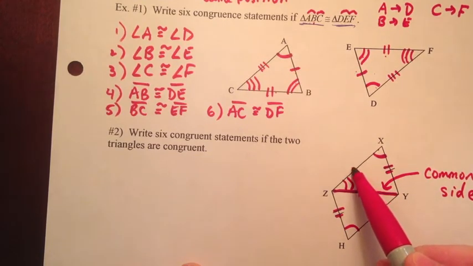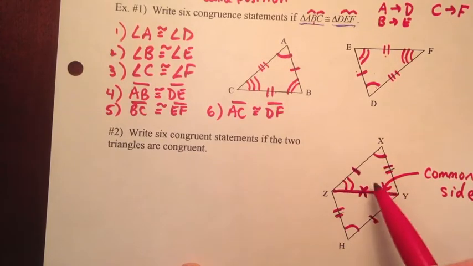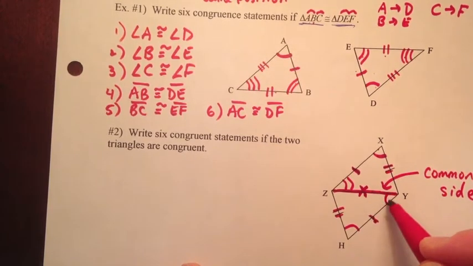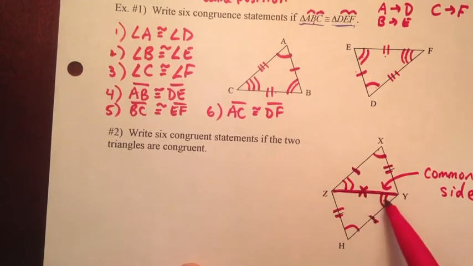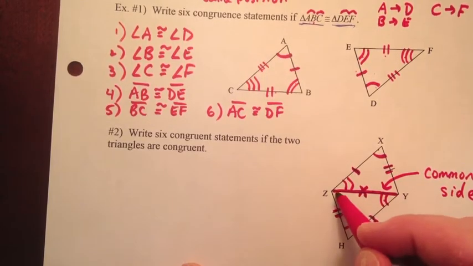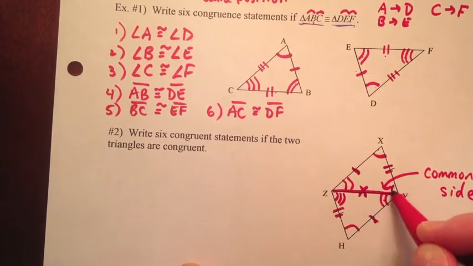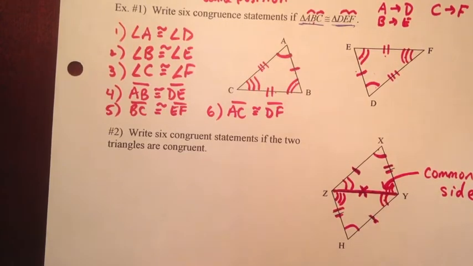That's between the 1 mark and the common side in the top triangle. In the bottom triangle, here's the 1 mark, here's the common side. That means this is your corresponding angle. And then that means that this one here and this one here correspond.